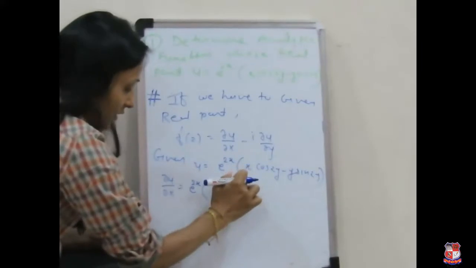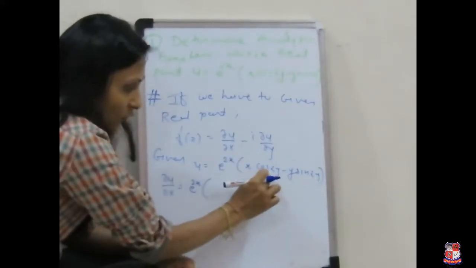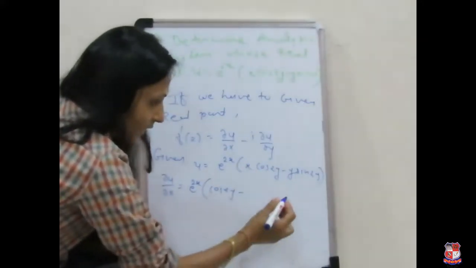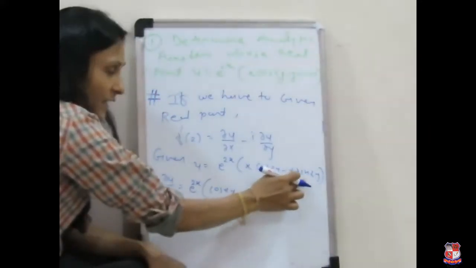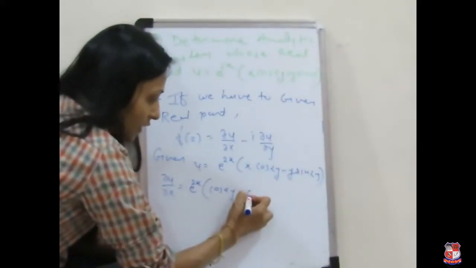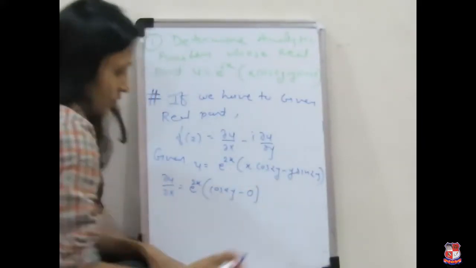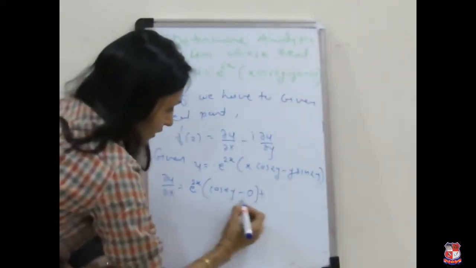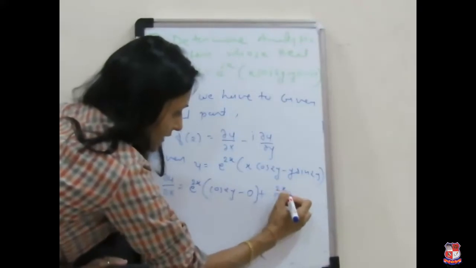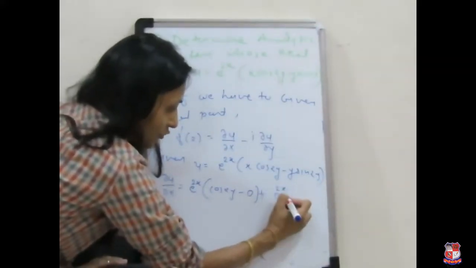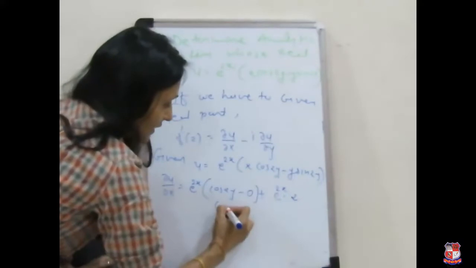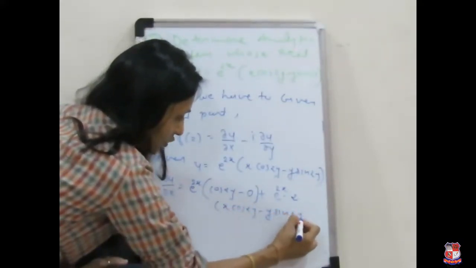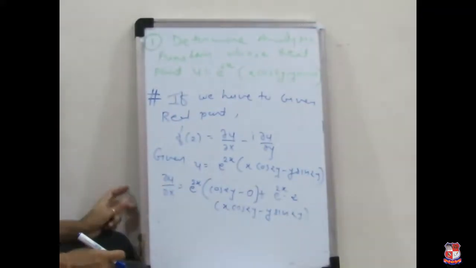Derivative of the bracket with respect to x: cos 2y is constant and the derivative of x is 1; minus y sin 2y has no x term, so its derivative is 0. Plus, this term is constant, and the derivative of e raised to 2x, with the derivative of 2x being 2, times x cos 2y minus y sin 2y. This is del u by del x.